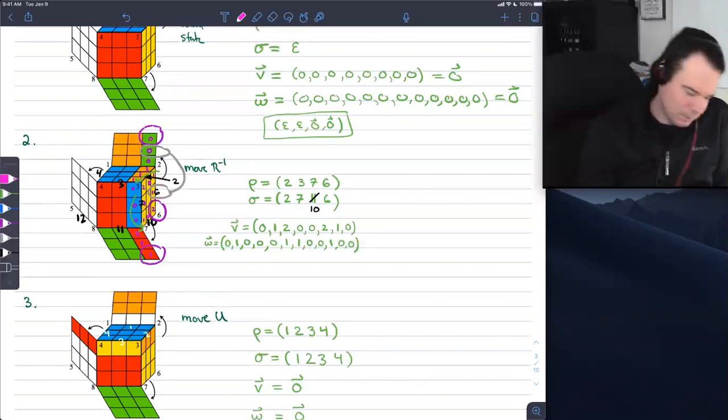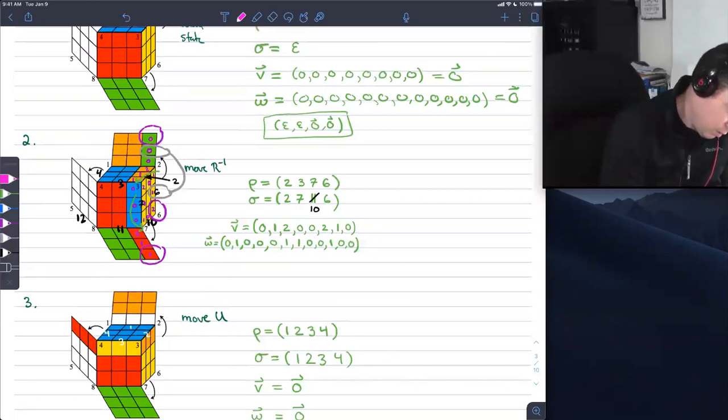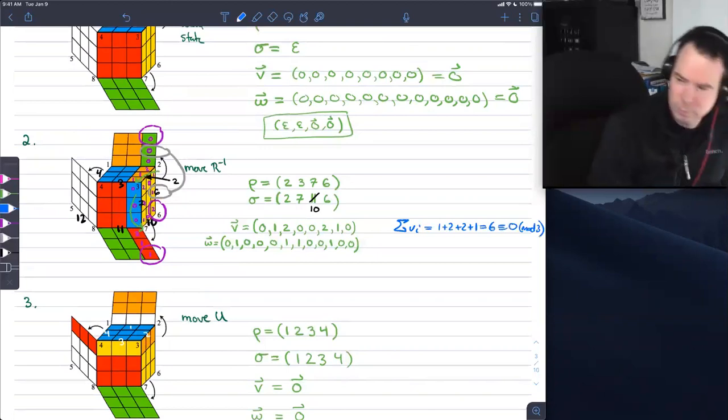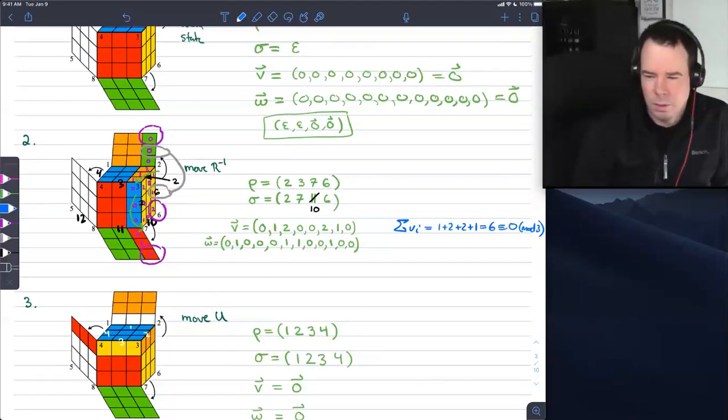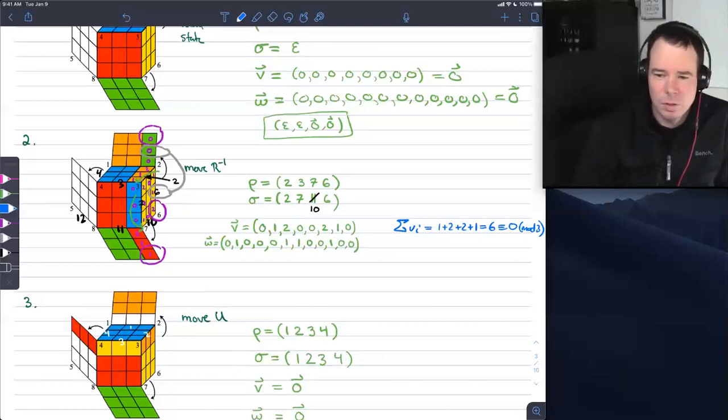The next one is a little bit more interesting, because if I sum the VI's, I get 1 plus 2 plus 2 plus 1, which is 6, which is congruent to 0 mod 3. So that tells me that, at least in terms of orientation of the corners, they have been twisted properly to be solvable.